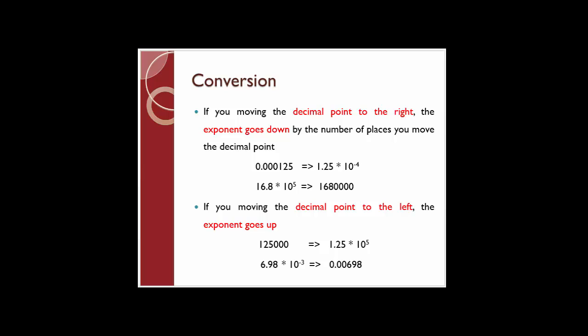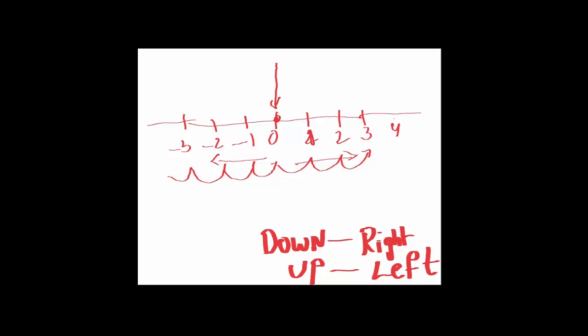So if you're moving the decimal point to the right, the exponent goes down by the number of places you move the decimal point. For example, converting a decimal number into scientific notation. I have 266.63.